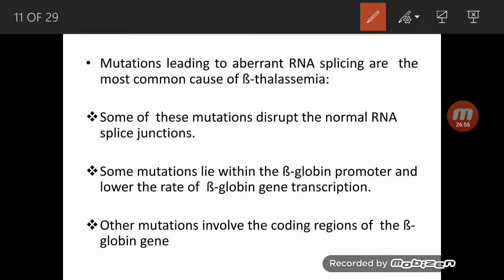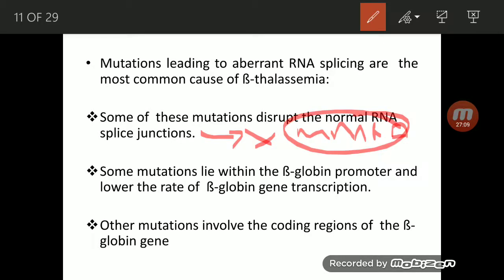So abnormal RNA splicing will lead to no normal mature mRNA being formed, or in some cases your splice junctions being altered may lead to dysfunctional mRNA being produced. Okay, so when there is no mRNA being produced, there will be no formation of beta globin.